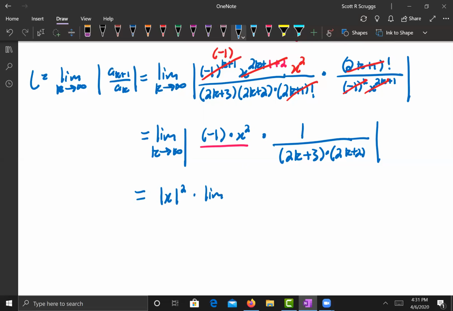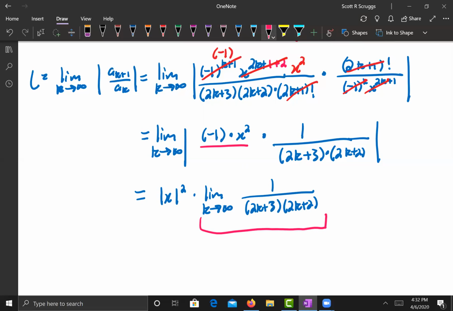times the limit as k goes to infinity of 1 over 2k plus 3 times 2k plus 2 in the denominator. Since k was always positive, since those are the indexes of my series, absolute value is redundant. And if I want to compute that limit, what am I going to get at the end? If I evaluated that limit, bingo.